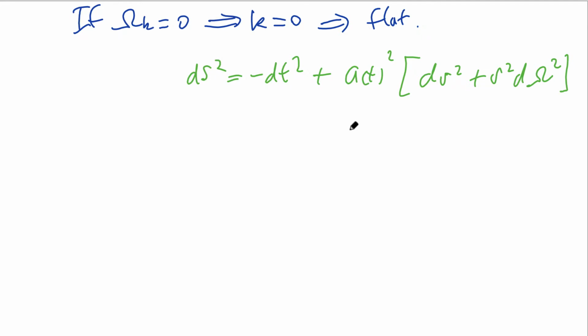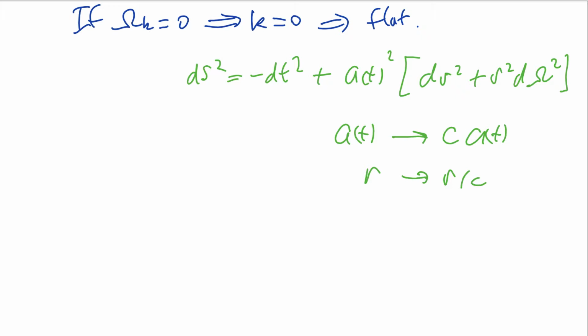In other words, we can replace this scale factor with some constant c times the old scale factor and absorb that constant into a new coordinate r, which is the old coordinate divided by c. And this leaves the metric unchanged. So the scale factor itself is only defined to within an overall constant. And in particular, the present day value of the scale factor can be anything we like by just adjusting this constant c.